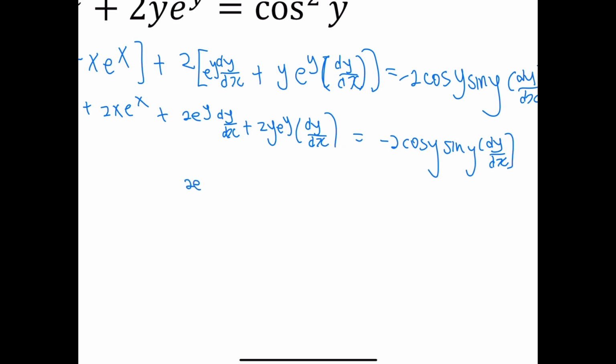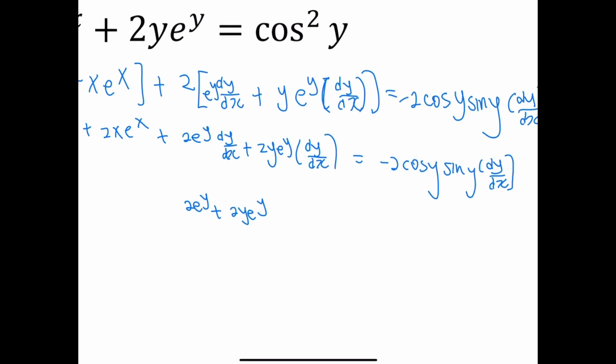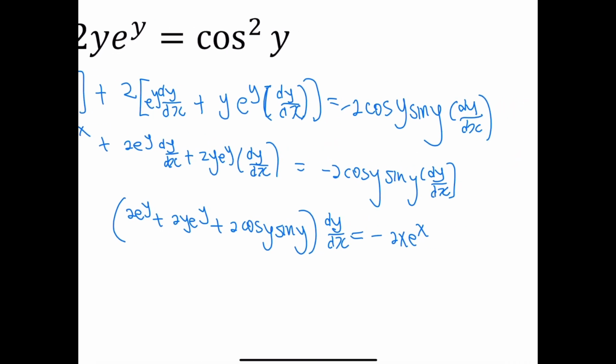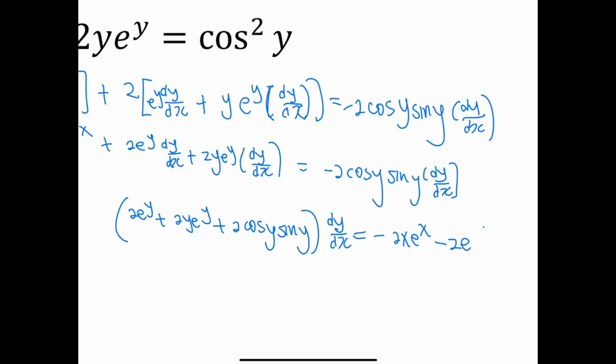So 2e to the y plus 2y e to the y, and then plus 2 cosine y sine y dy/dx is equal to negative 2x e to the x and then negative e to the 2x.